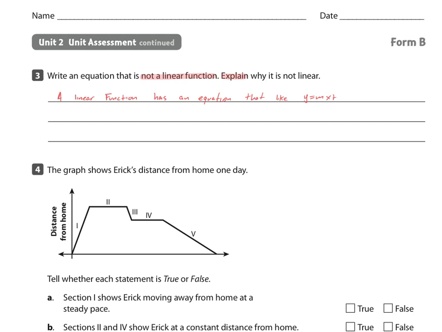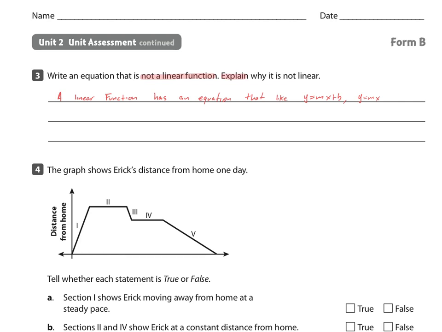Now, if there's no initial value, your equation may look like y equals mx, because there's no initial value, or your initial value is 0. So, an equation that is not linear needs to be different than those.